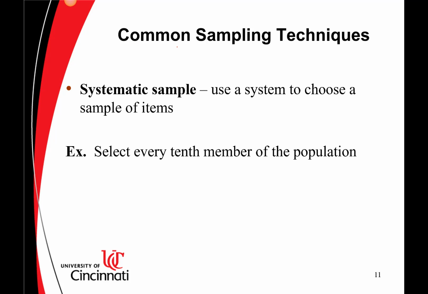Second type of sampling technique is a systematic sample. And I explained an example of this earlier. Sylvania wants to understand how their light bulbs are doing. So you stand right by the machine where they package the light bulbs, and before the light bulbs go in, every 1,000th light bulb you pull off the line, you put on a cart, and you take it back to a lab where it's tested.